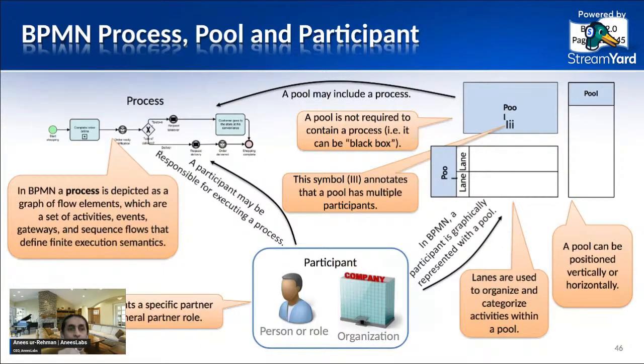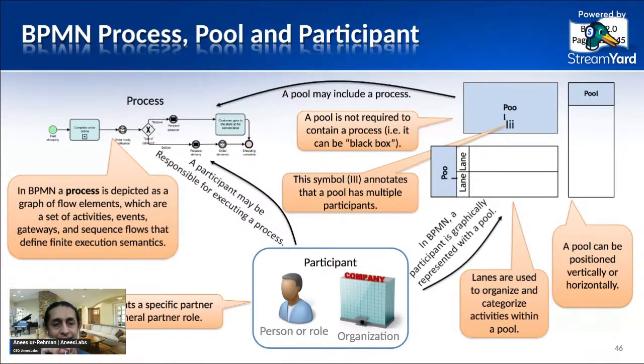Now we talk about the BPM process, pool, and participants. So now you know that this is a process instance, and a process instance can have at least one token or more than one token. So what is a process in BPM?